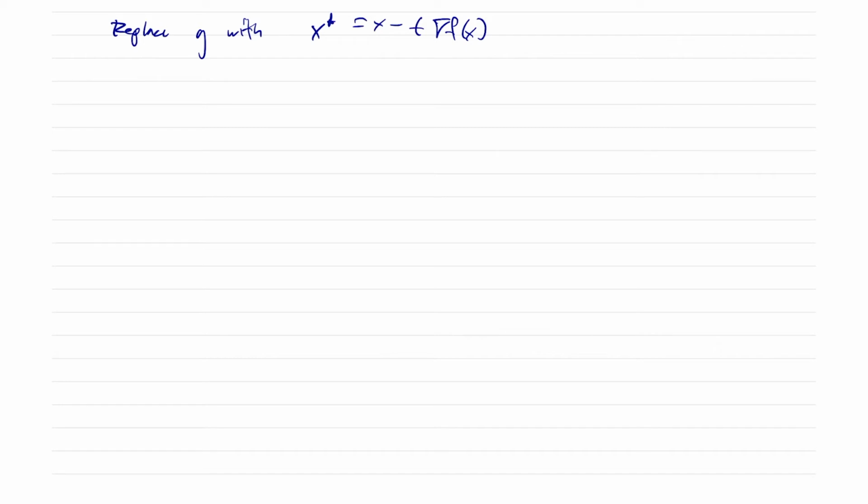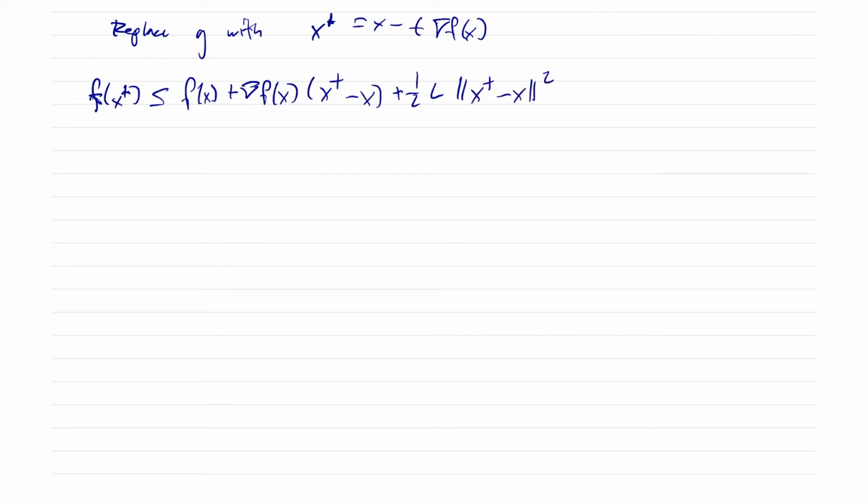When we do that, we get f of x plus is less than or equal to f of x plus the gradient of f at x times x plus minus x, plus 1/2 of L times x plus minus x squared.